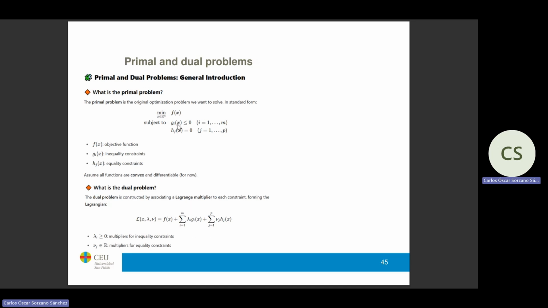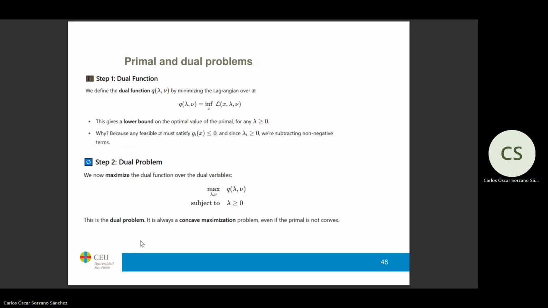So you put all the constraints with their own Lagrange multipliers, and you construct this function and you try to minimize this function. There are some constraints. The multipliers associated to inequalities have to be larger than 0, and the multipliers associated to equalities are free.